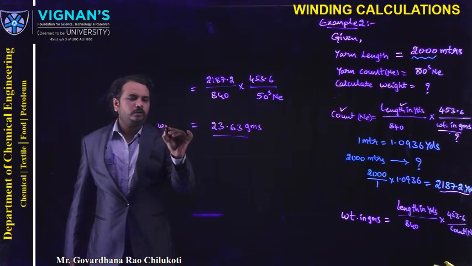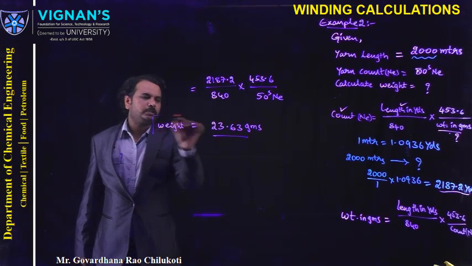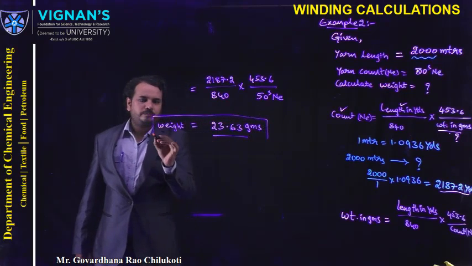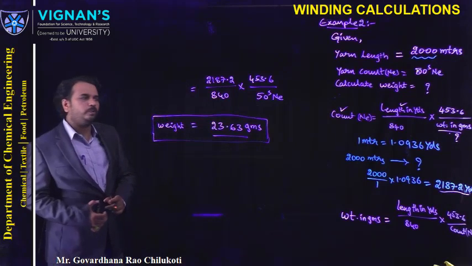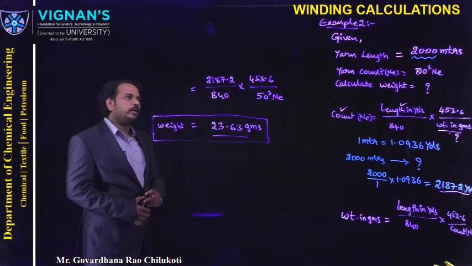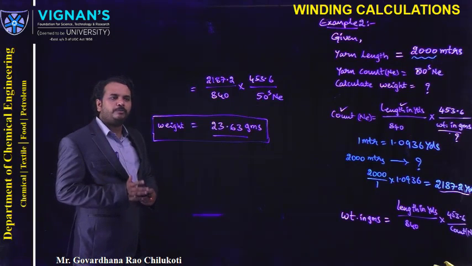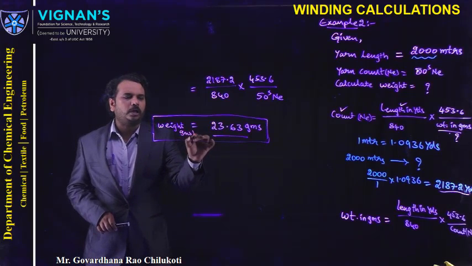So this many grams of weight. This is how we can calculate, if the yarn length and count are given, the weight, particularly weight in grams.